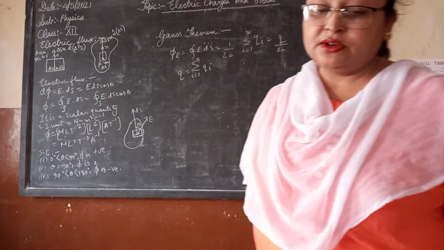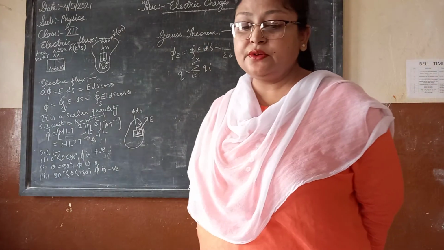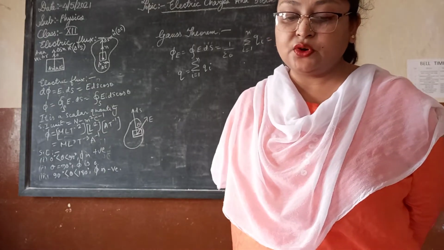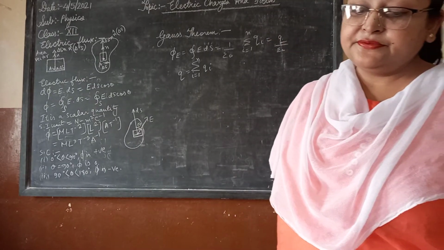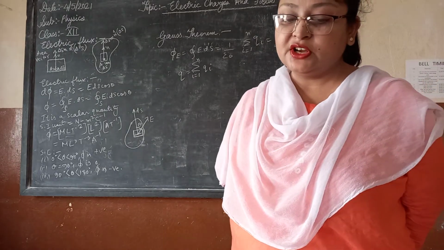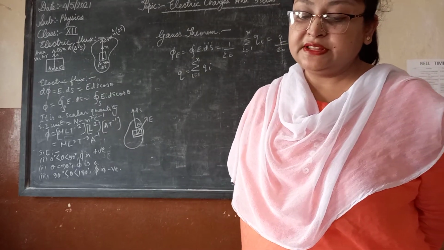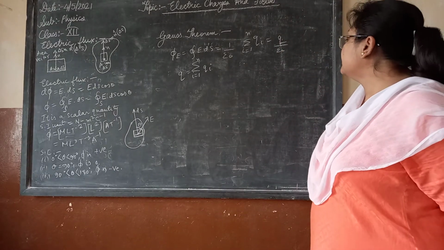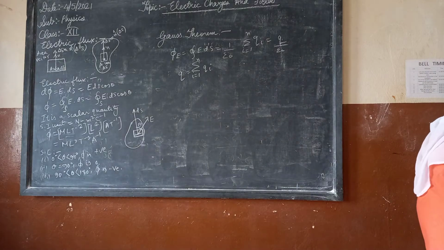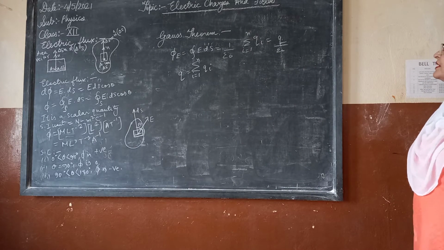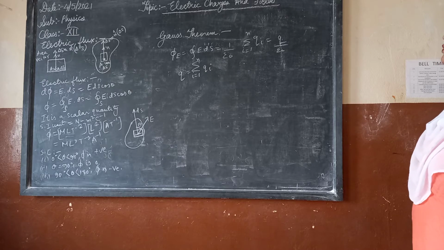Then we have the Gauss theorem. The surface integral of the electric field intensity over any closed surface, called the Gaussian surface, is equal to 1 upon epsilon 0 times the net charge enclosed within the surface. So phi equals the integral of E dot dS, equal to 1 upon epsilon 0 times the sum of qi for i equal to 1 to n, equal to q upon epsilon 0, where q equals the sum of qi for i equal to 1 to n.